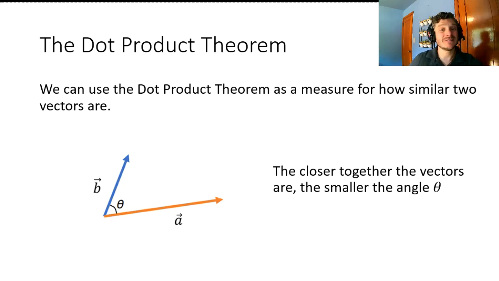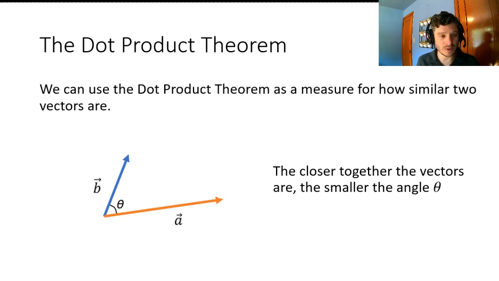So in terms of data science and machine learning, if I can represent two different observations as vectors themselves, the dot product theorem will tell me how similar they are. So I can compare how similar two different variables are if I can represent them in this vector form, which again is a great application of using this new vector structure to answer questions that are not immediately obvious as to how I would normally answer them.